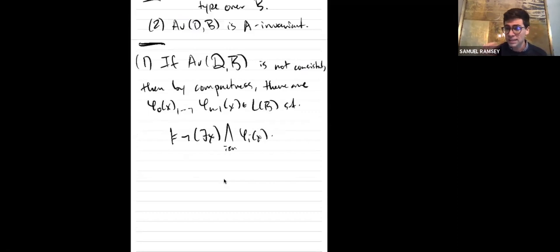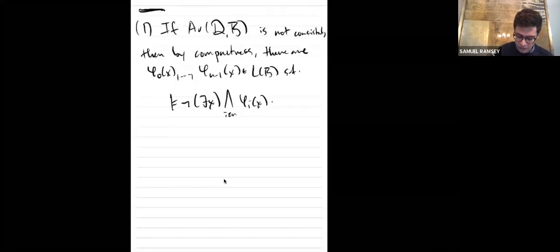Right? So the set that they define is empty. Sorry, if a set of formulas is inconsistent, there are finitely many formulas in that set whose conjunction is inconsistent. What does it mean for a finite set of formulas to be inconsistent? It means that there's no element in all of them, right?